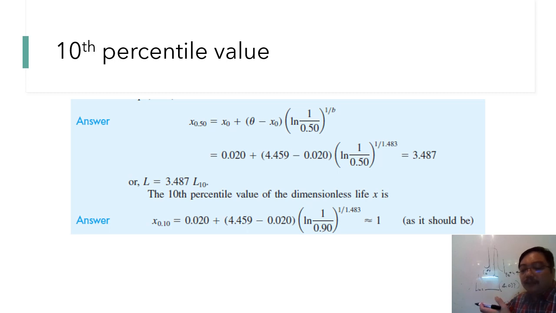Meaning that if you choose the bearing for the 10 percentile, you can be sure less damage will happen. You can have the option of the 50 percentile or the 90 percentile, depending on the risk that you want.